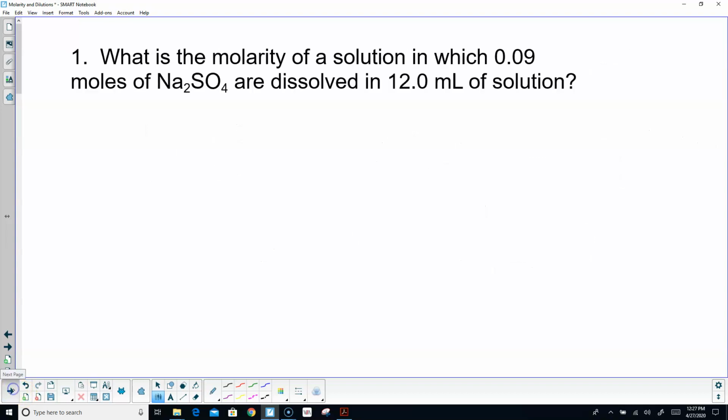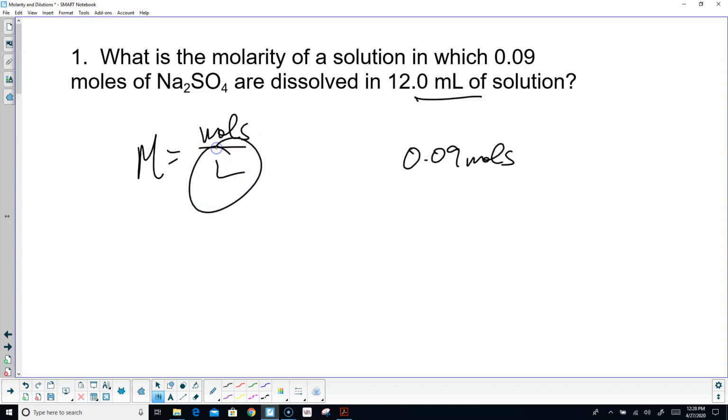Next one: what's the molarity of a solution if I have 0.09 moles of sodium sulfate dissolved in 12 mL? Once again, molarity is moles over liters, and I want to know the molarity. I do know the moles this time: 0.09 moles. Then I want to convert the volume. Notice these are milliliters; it has to be liters.